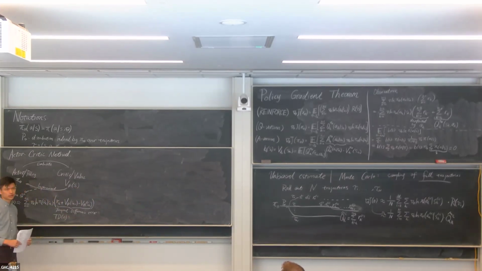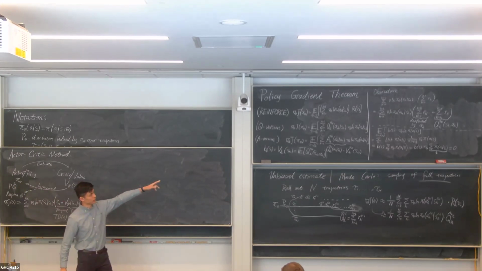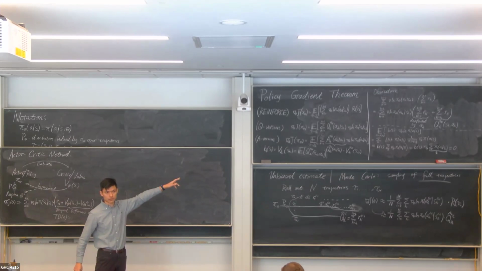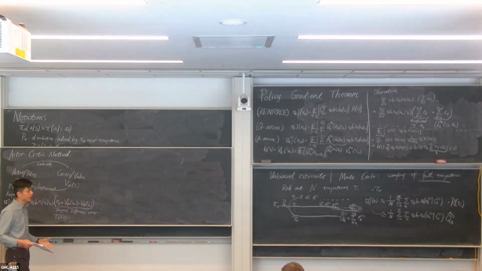So why do we study this object? In this context, in terms of how to update the policy parameters, you would like to introduce the advantage version of the policy gradient, with the idea that by subtracting off the value functions, you are dramatically making these quantities smaller, and therefore you will reduce the variance.